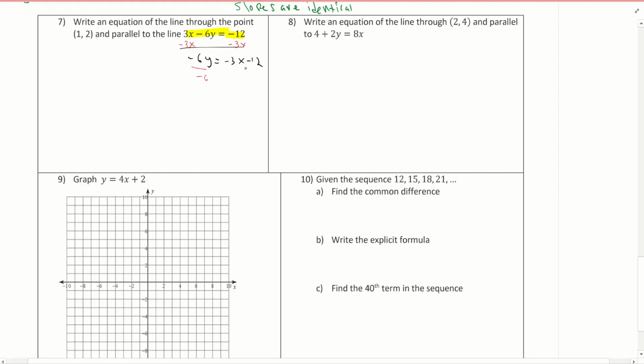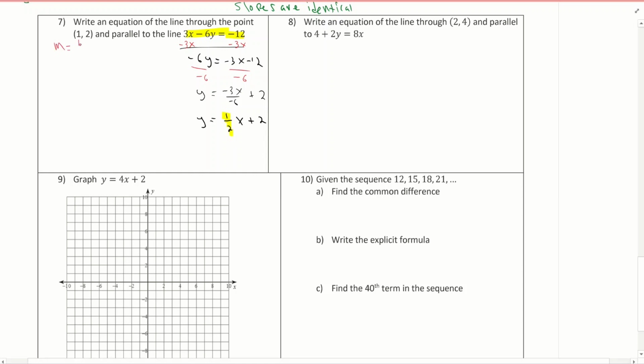We're going to divide both sides by negative 6. And we're going to get y equals negative 3x over negative 6 plus negative 12 divided by negative 6 is 2. And we can go ahead and simplify this as well. Negative divided by negative is positive 1/2.